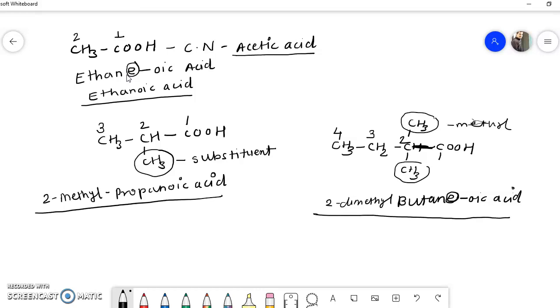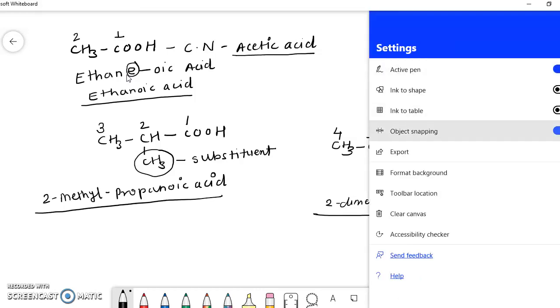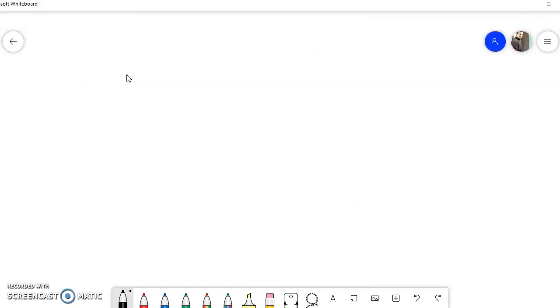Now we'll see a few more examples so that your concepts will be cleared. If a cyclic compound is there, suppose there is a ring. For example, take cyclopentane. Suppose here is COOH. We'll take one more, cyclohexane, with a COOH.